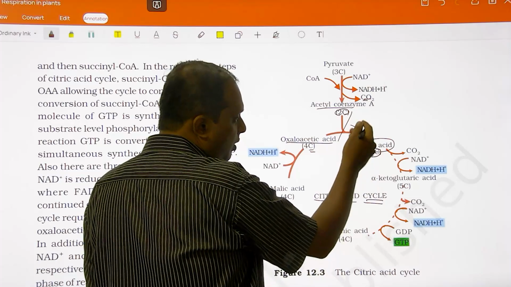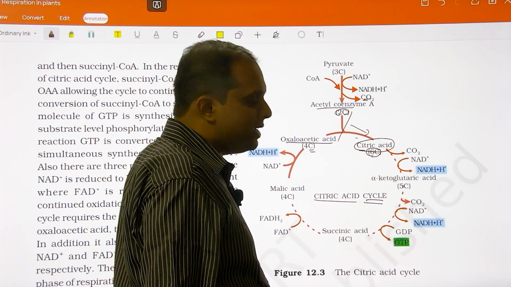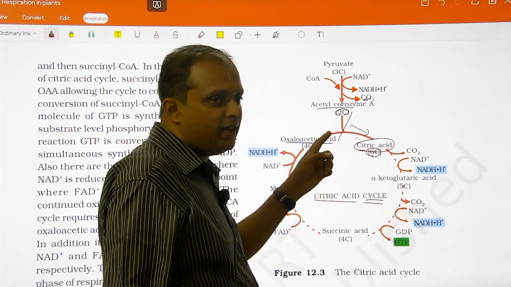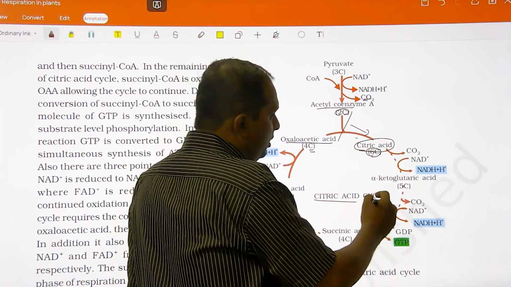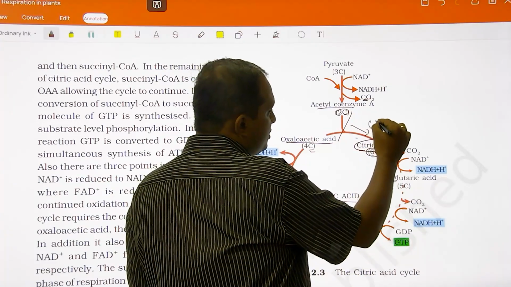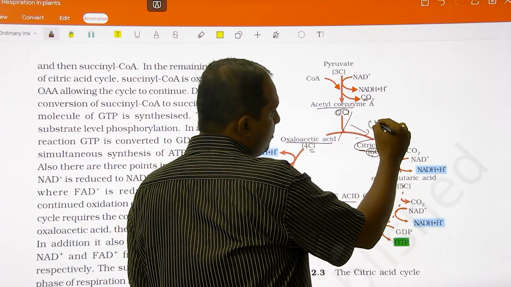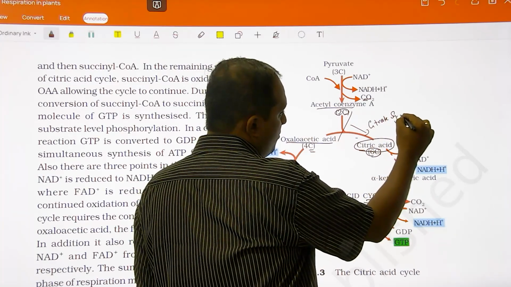As I said, you have got some intermediate reactions, but those are unstable. The first stable compound formed here is citric acid, hence the name citric acid cycle, right? Now the enzyme is going to be citrate synthase.